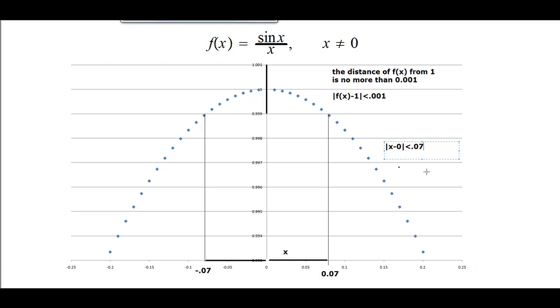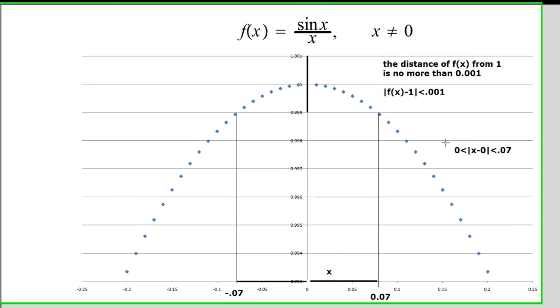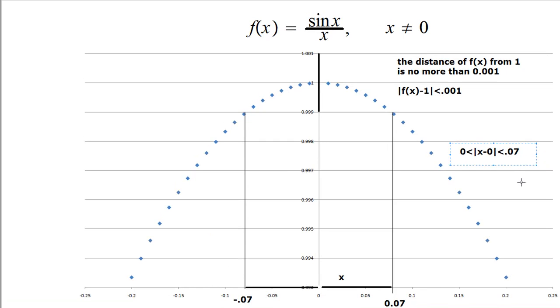Now we also have to stress that our x value cannot be 0. So we can insert the statement that 0 has to be less than that, and that statement then tells us that our x cannot be 0.